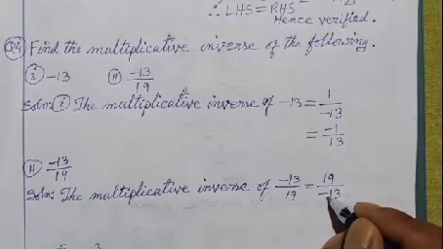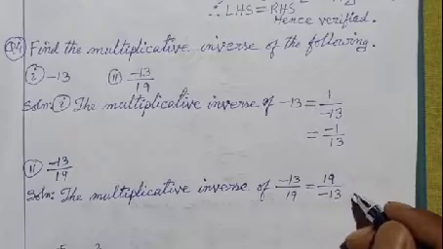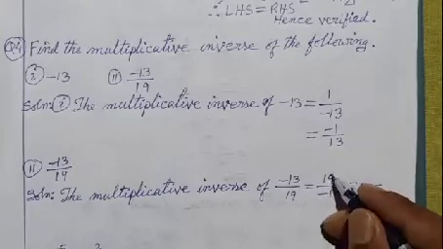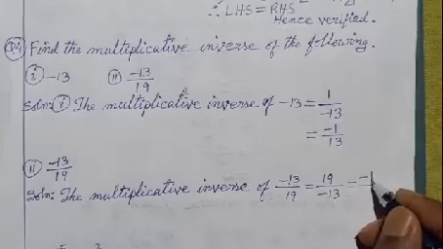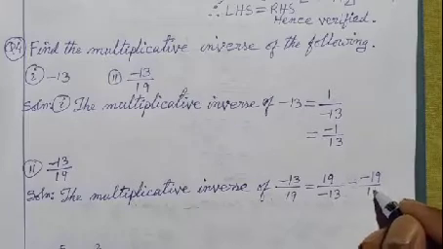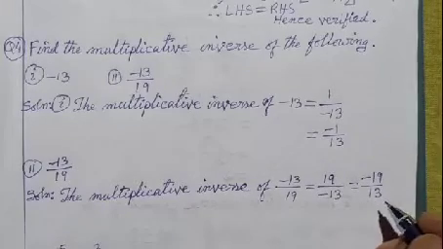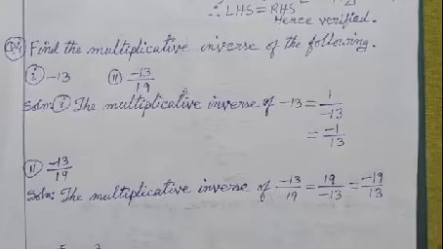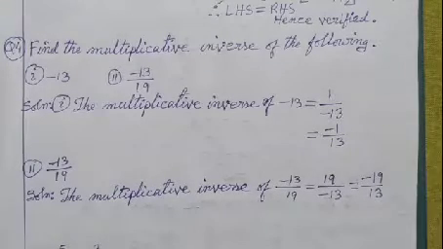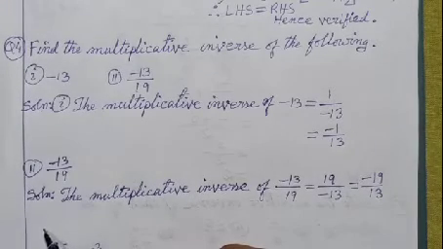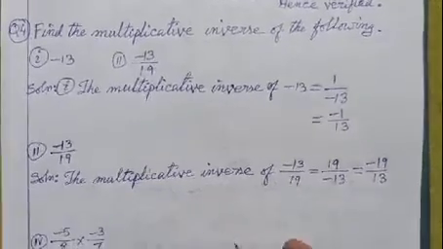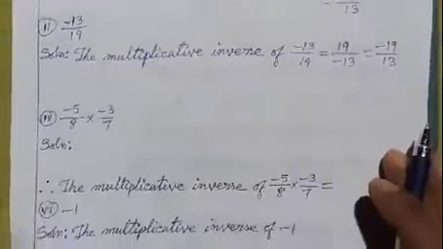We used to keep the minus sign in the numerator, so the minus is kept in the numerator, then minus 19 by 13. Almost the same. Okay. Then Roman number 3, you try as homework.